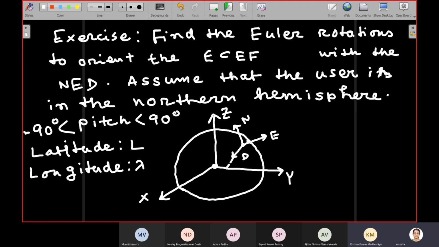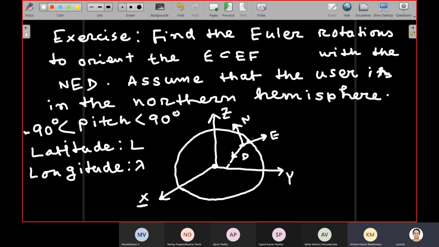So you need to find the Euler rotation such that the x-axis of the ECF frame is oriented along the north. Okay. Then z-axis should be along down and y-axis should be along east. Okay, now their origins are different, but do not worry about that. You just need to orient the axis.